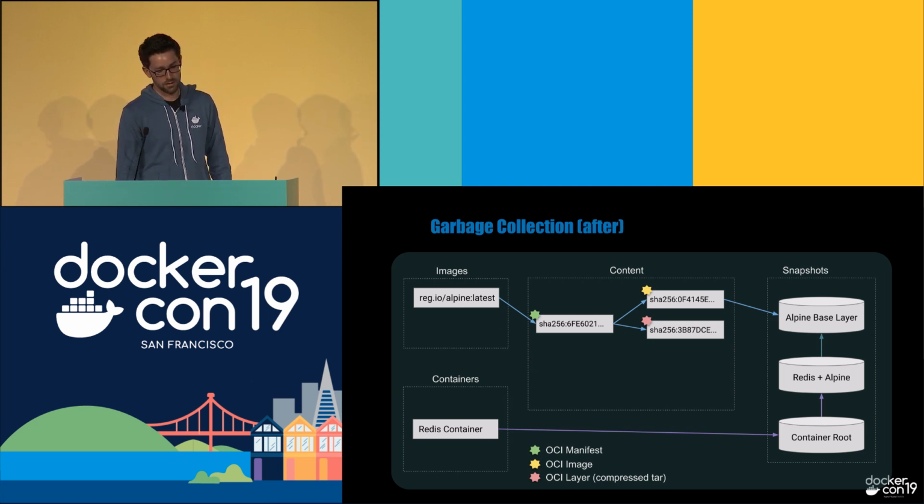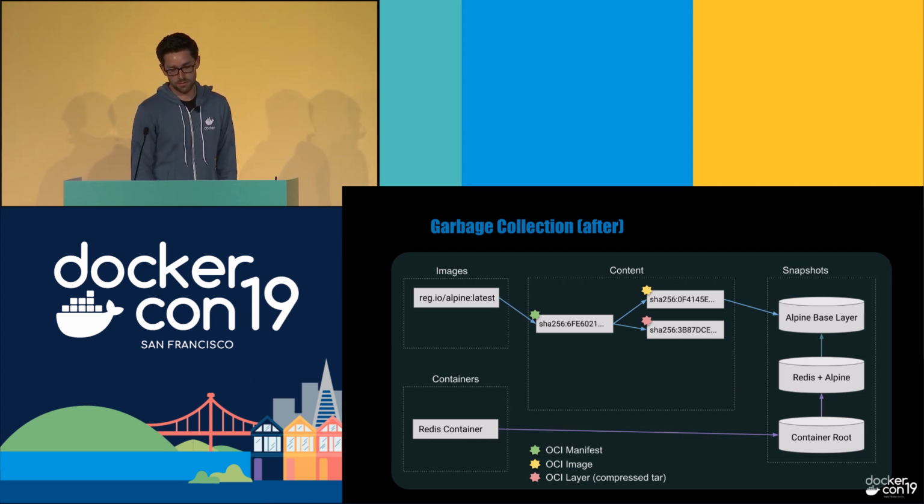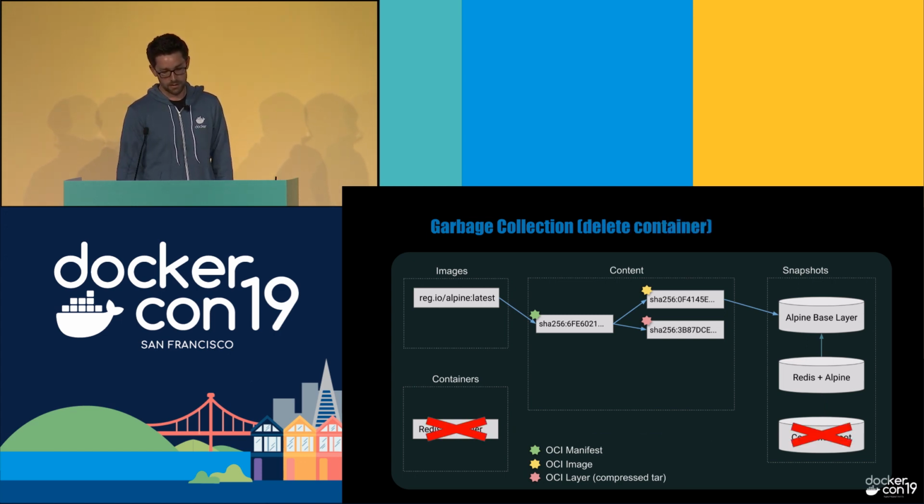So after the garbage collection runs, you just end up with a clean state, as you'd expect. Anything that's not being used gets cleaned up from the metadata store, and it will go ahead and clean everything up on disk that's not being used. Now likewise, when you go and delete that container, the object's going to get deleted, as well as that read-write layer that's no longer being used.